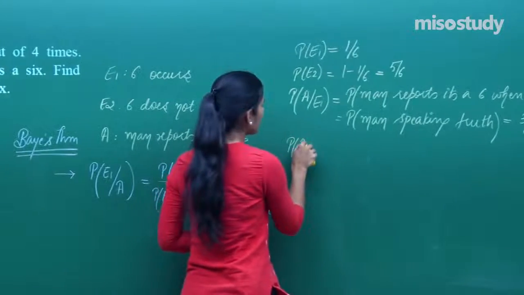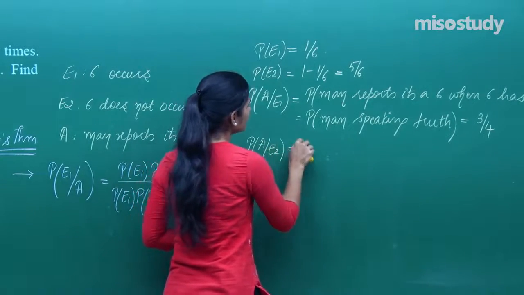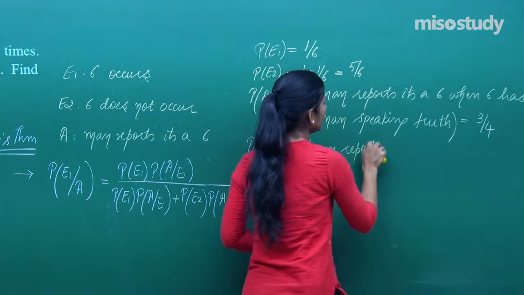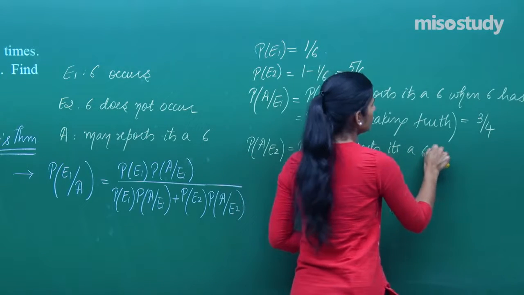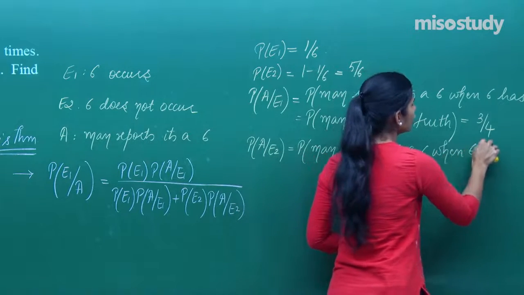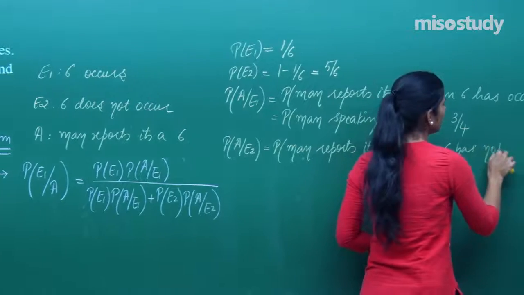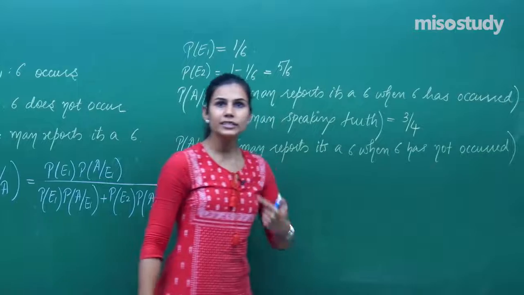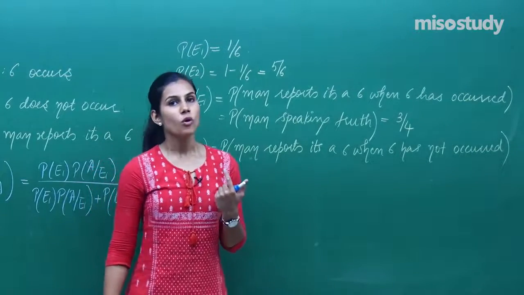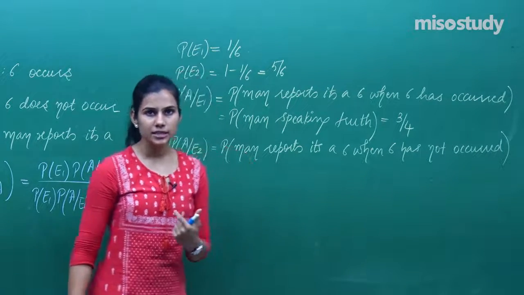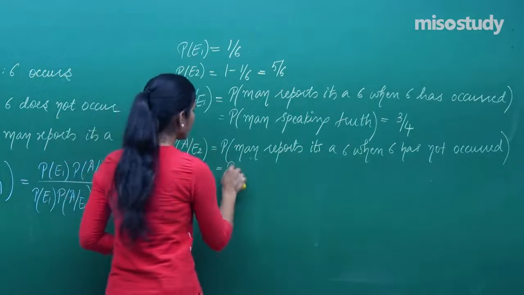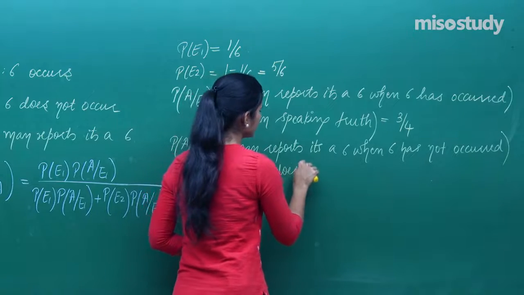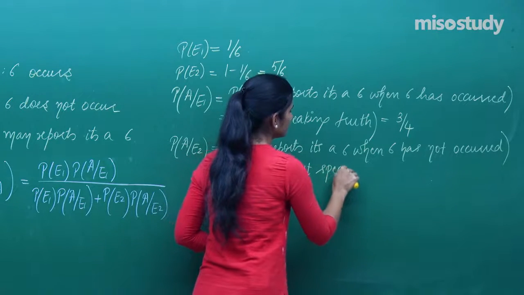What is the probability of A by E2? That means what is the probability that man reports it's a 6 when 6 has not occurred? When 6 has not occurred but the man is going and reporting it's a 6, that means what are the chances that he speaks false? Probability that man doesn't speak truth.